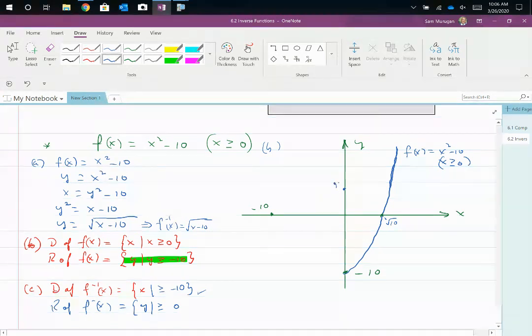That will be the square root of 10, 3 point something, and we make a graph going this way. And this would be the graph of f inverse equals the square root of x minus 10.